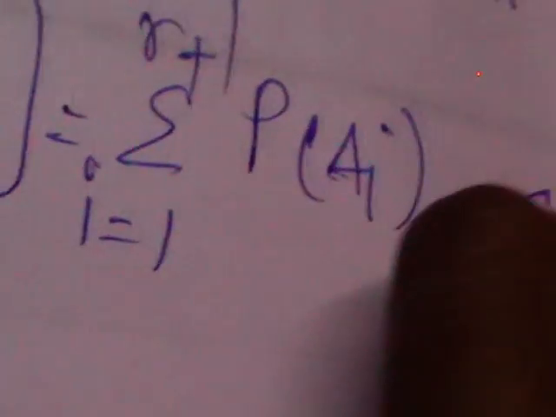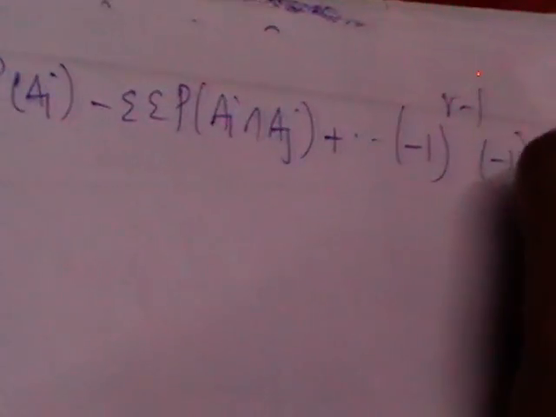I'll write this down again. You have considered P of union I is equal to 1 to R plus 1 AI. For that you got sigma I is equal to 1 to R plus 1 P of AI, and here you got minus 1 whole power R minus 1 into minus 1 P of A1 intersection so on AR plus 1.